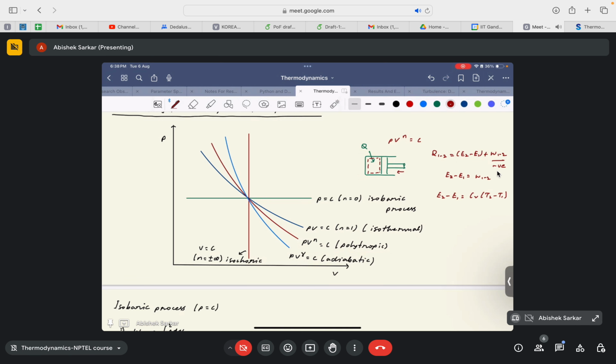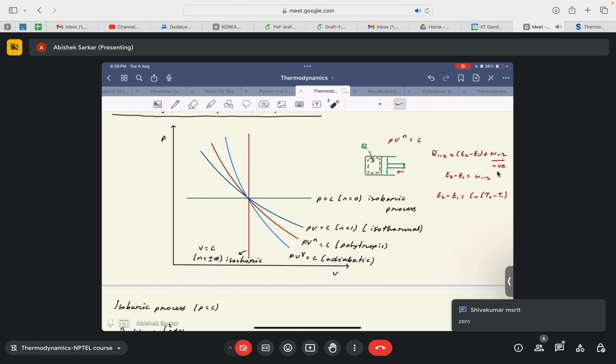Now for an isothermal process, what would be E2 minus E1? The temperatures are constant, T1 is equal to T2, so E2 minus E1 is 0. The net change in the internal energy is 0 for an isothermal process for an ideal gas.